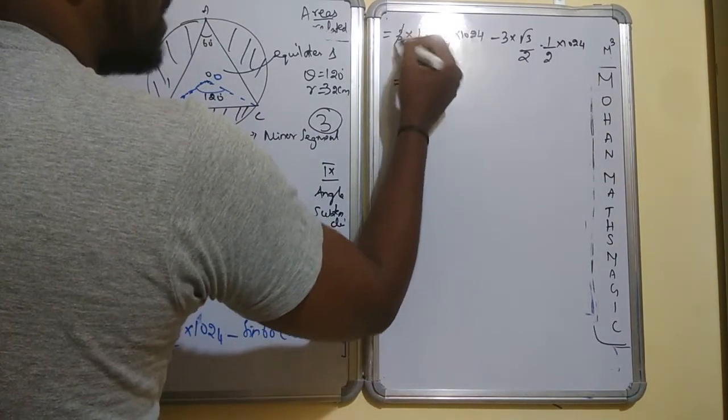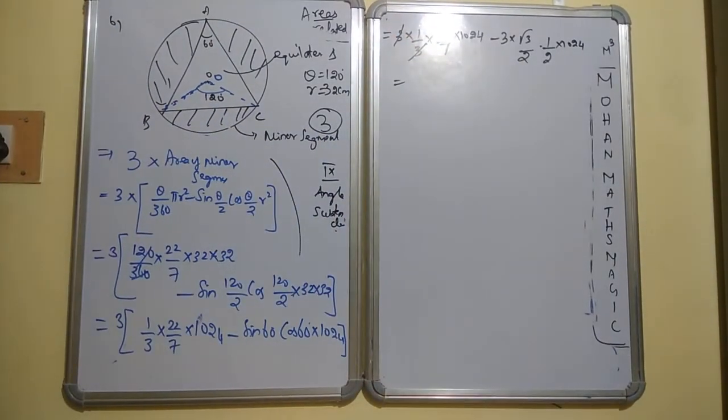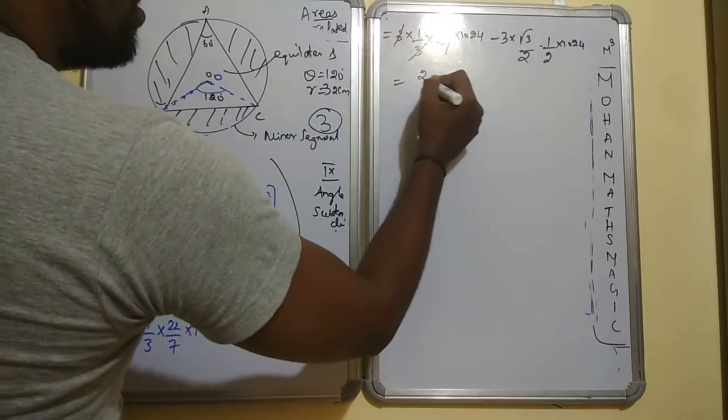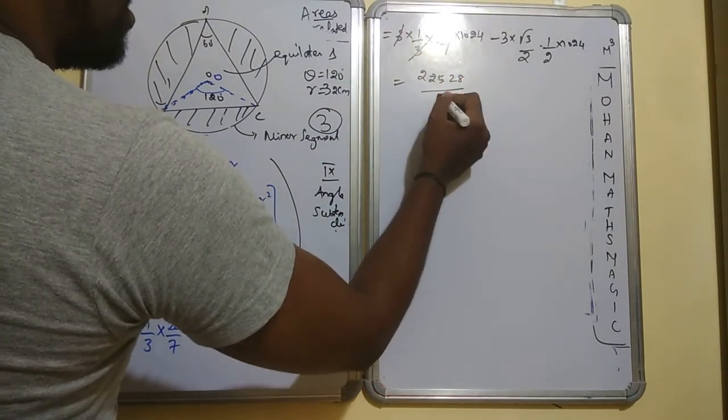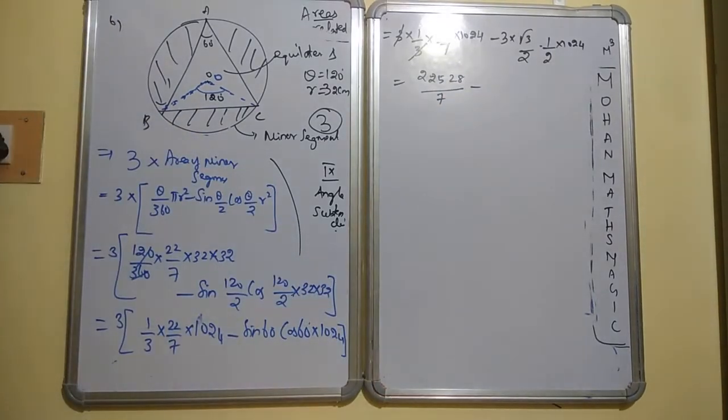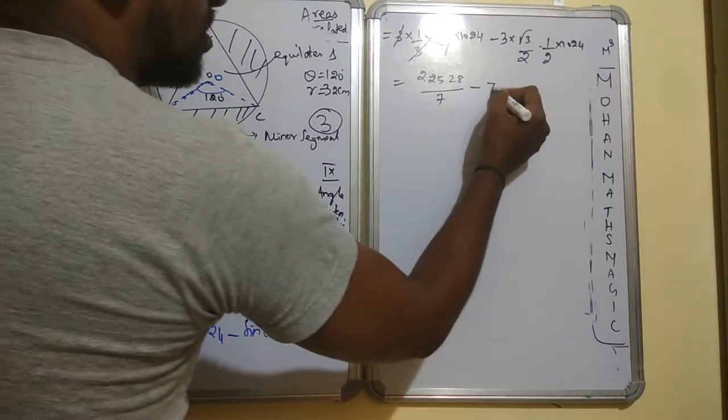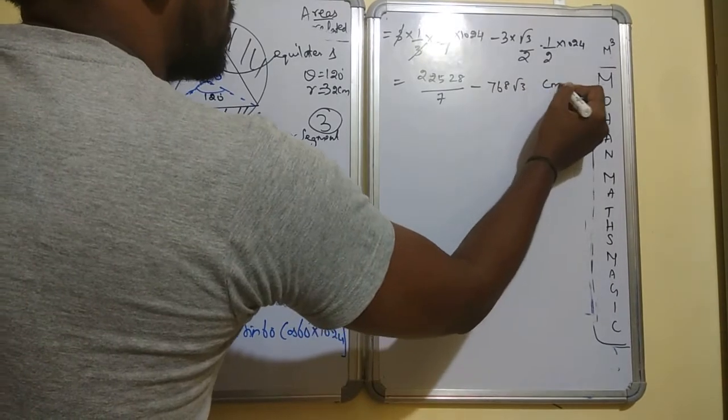The final answer I got is this. If you cancel now, the final answer is 22528 upon 7 minus 768 root 3 centimeter square.